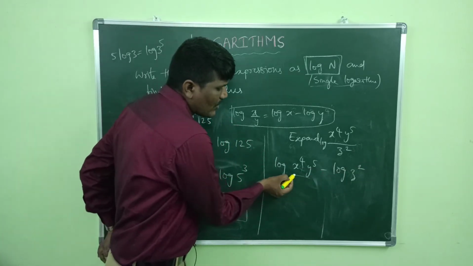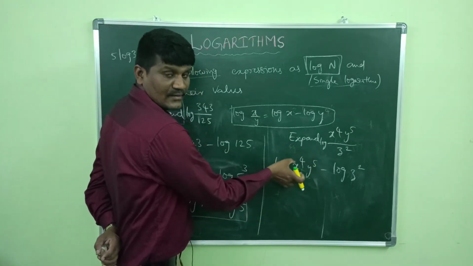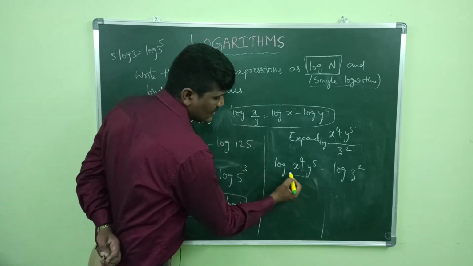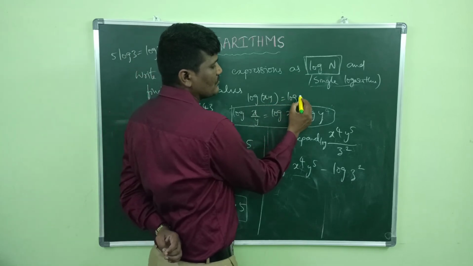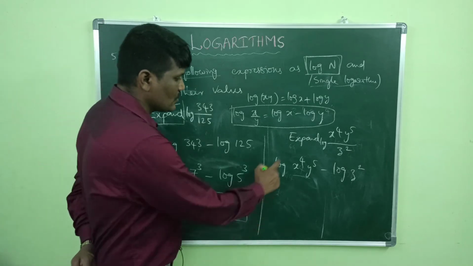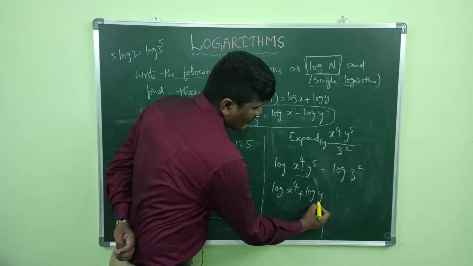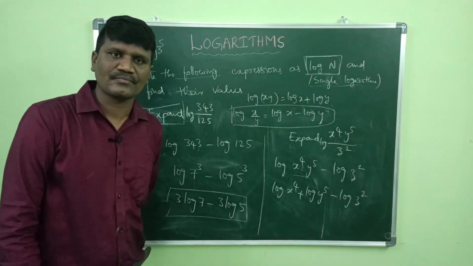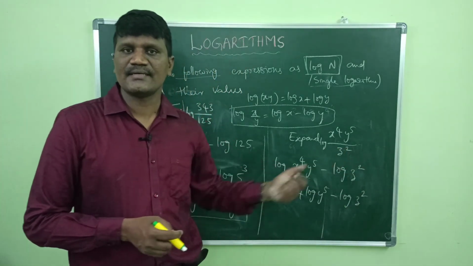Now again, this is in the product. Use the product formula. Whenever a product is there in the logarithm value, you should write it as a sum. Log xy is equal to log x plus log y. So I can write log x power 4 plus log y power 5 minus log z square.